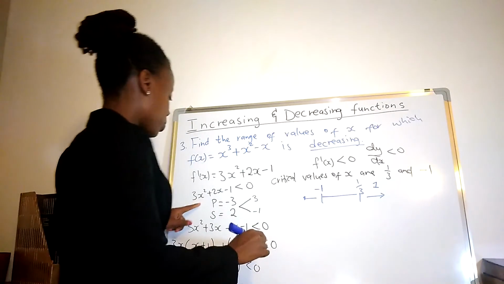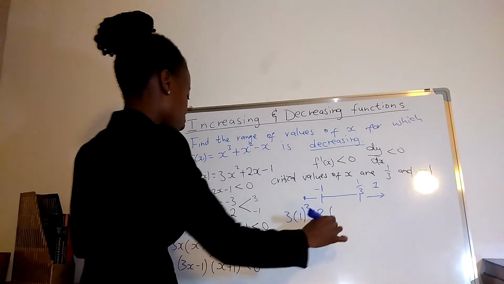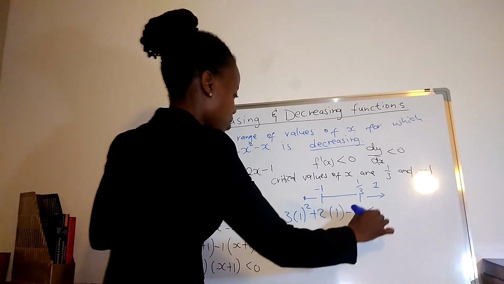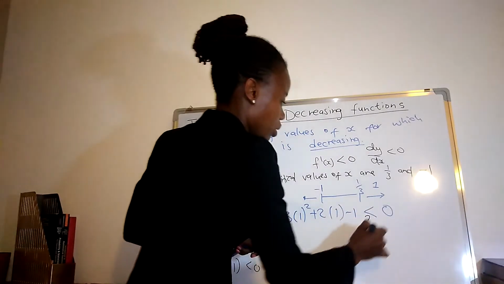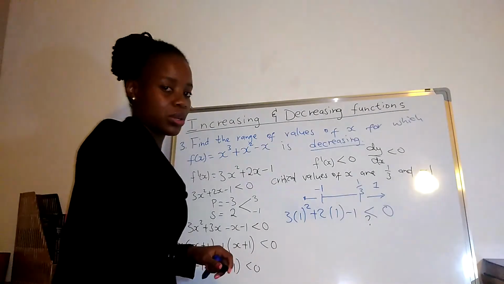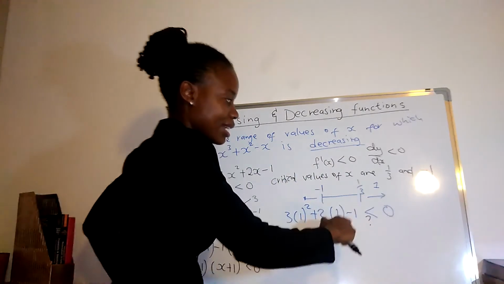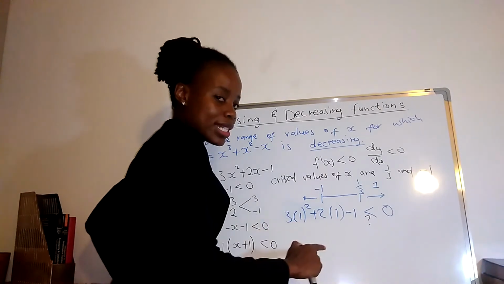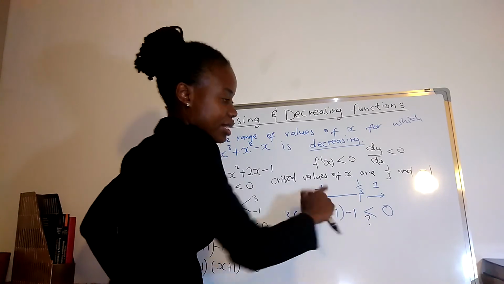We're going to substitute 1: 3 times 1 squared plus 2 times 1 minus 1. We are asking ourselves if it's less than 0. If it's less than 0, it means that it's decreasing here, and if this is not less than 0, it means that it's decreasing in the middle.